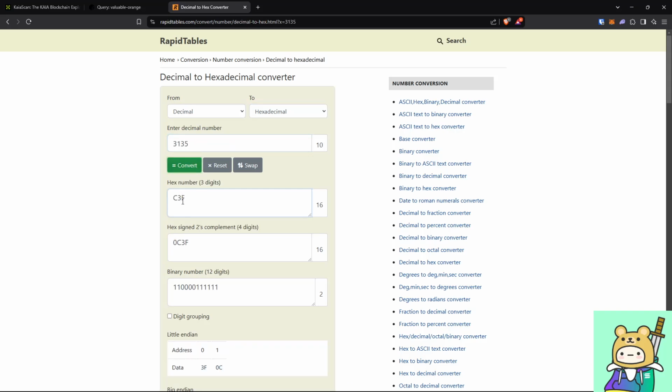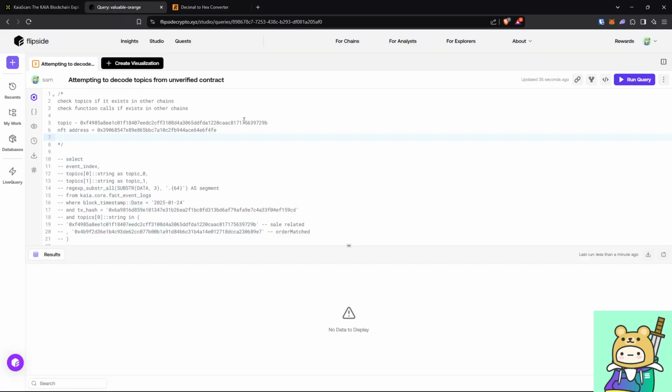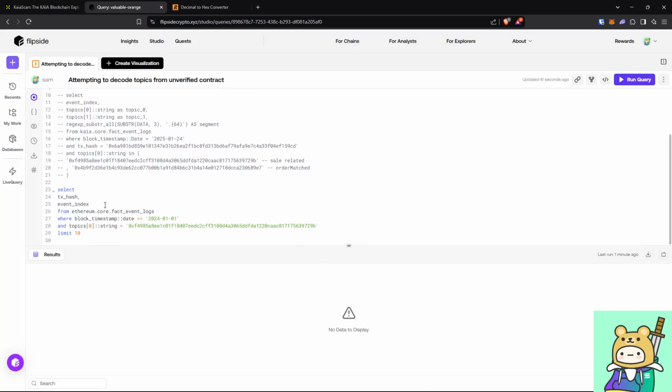So 3135, and we get C3F. So token ID is C3F, and it looks like we did not find any in Ethereum. Let's look at Base. If we do not find any in Base, I think we can just move on and try to decode it ourselves.